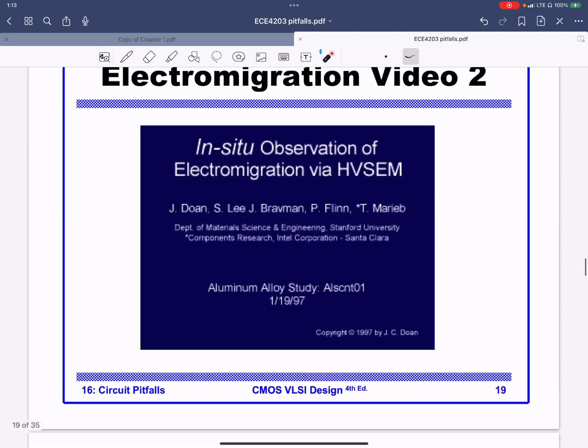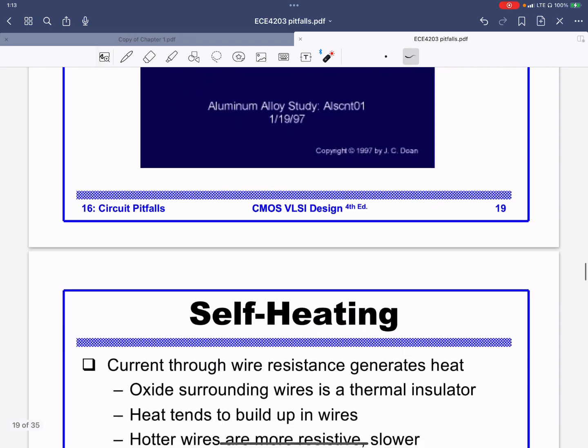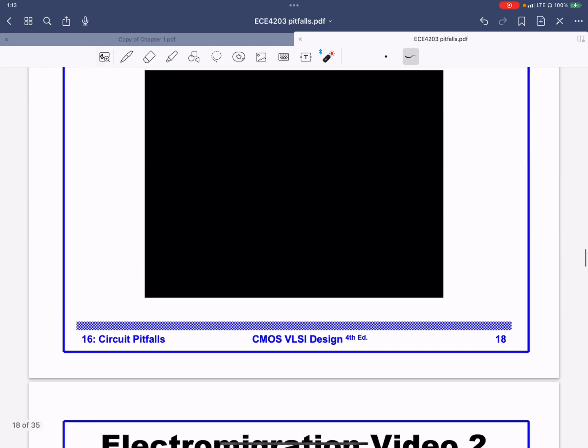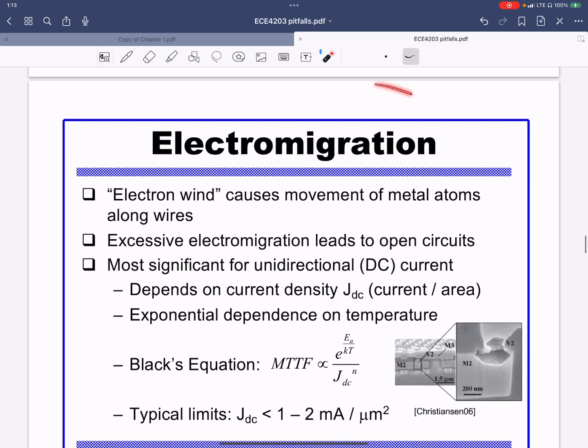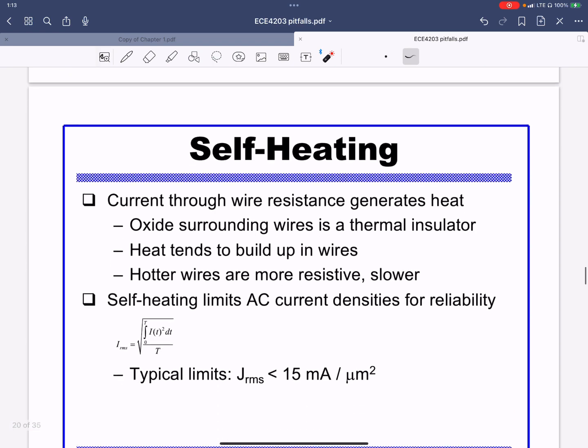These videos unfortunately aren't working, but there are some really cool electromigration videos. If you look for that on YouTube, you're going to see some really cool speeded-up videos, seeing how the metal lines degrade. Kind of interesting.